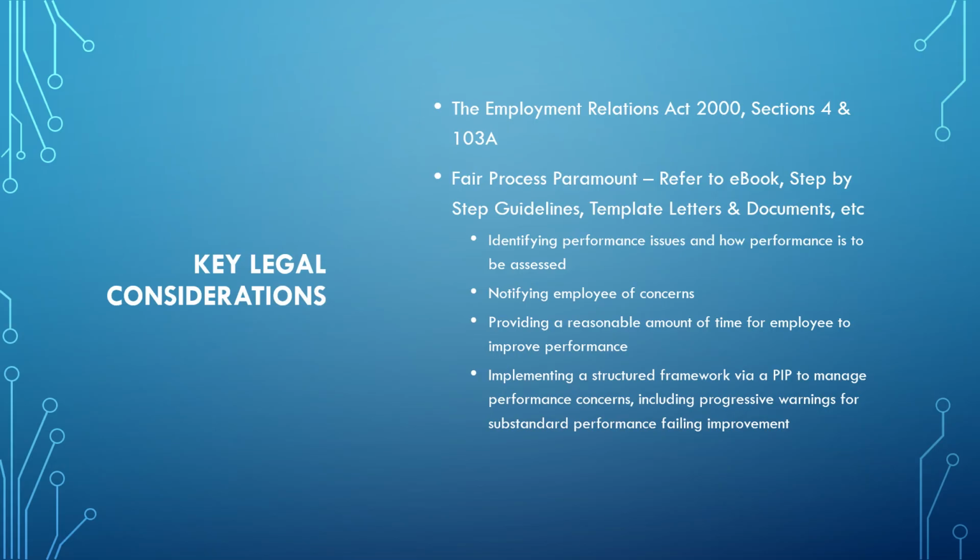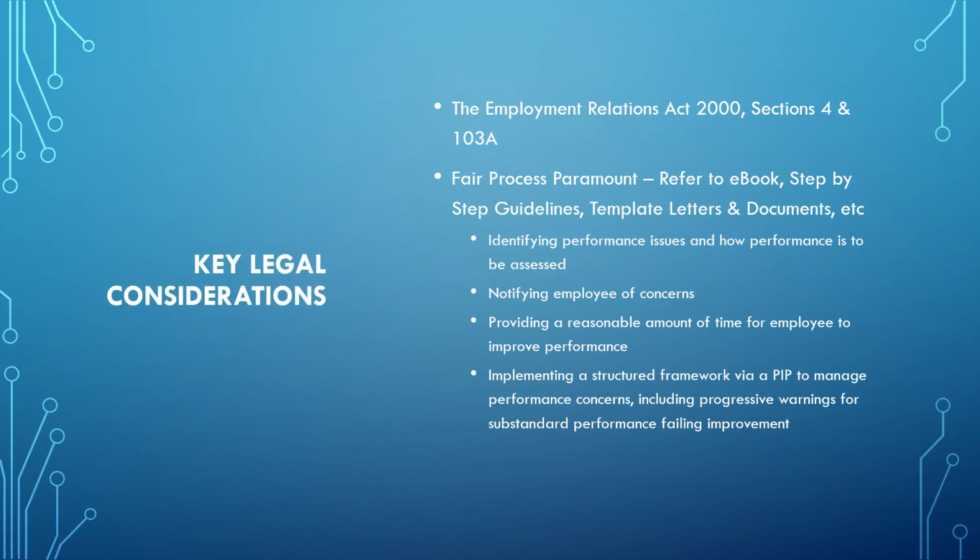The other consideration at a high level is providing the employee with a reasonable amount of time to improve their performance. That question will be informed by the specific nature of the work or role that the employee performs. But an end-to-end performance management process is going to take the employer potentially a period of weeks or months to navigate sufficiently.